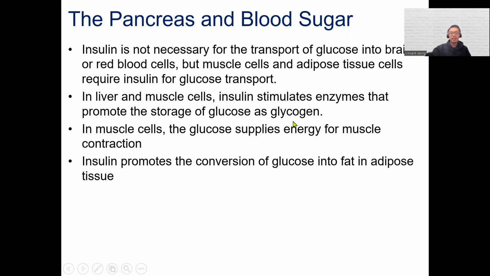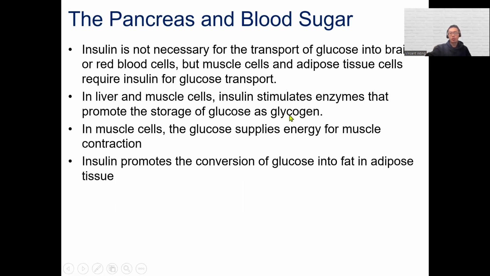We learned last semester that excess glucose is stored in the form of glycogen, right? Okay. And if you still have excess glucose afterwards, the insulin can also cause some of the glucose to be stored as fat in the adipose tissue. So like long-term storage as opposed to short-term storage.